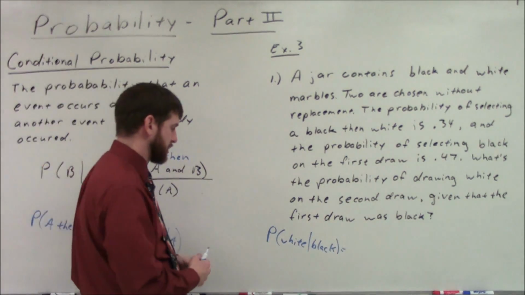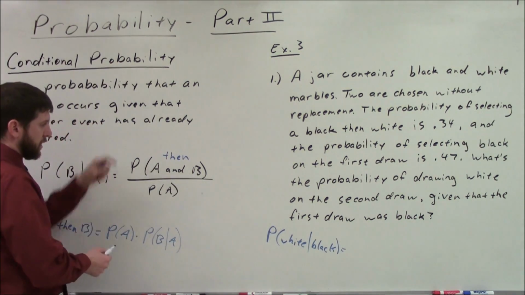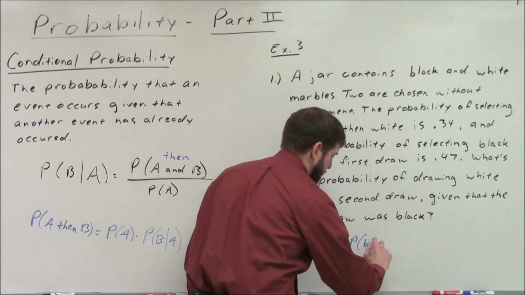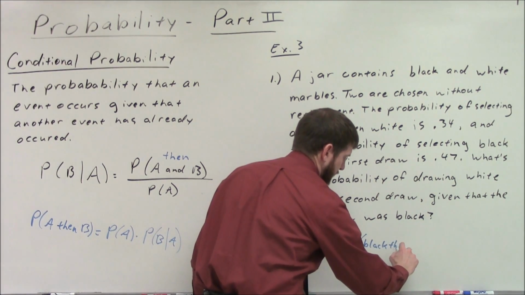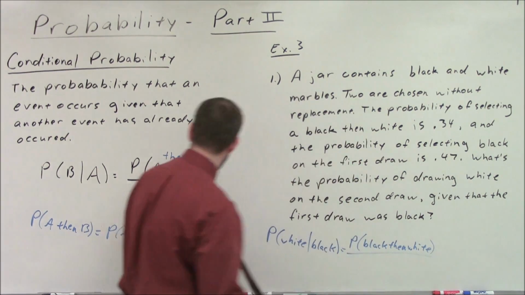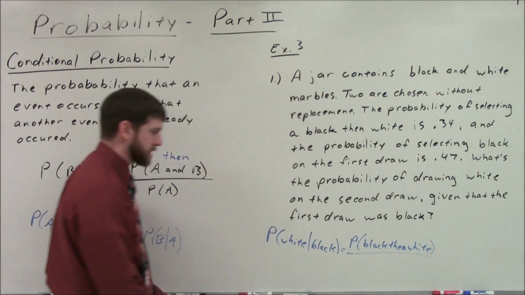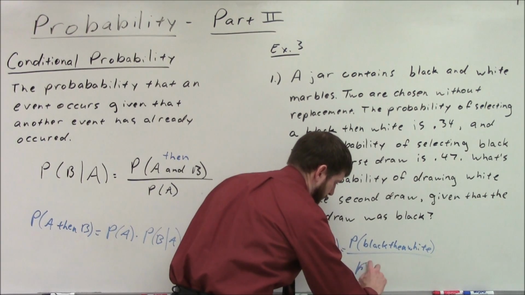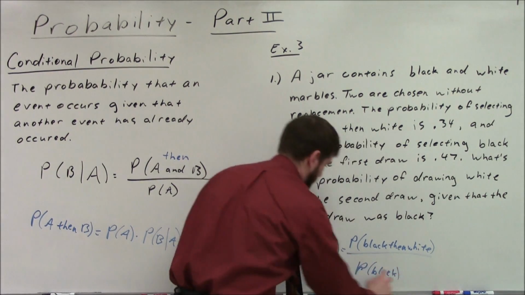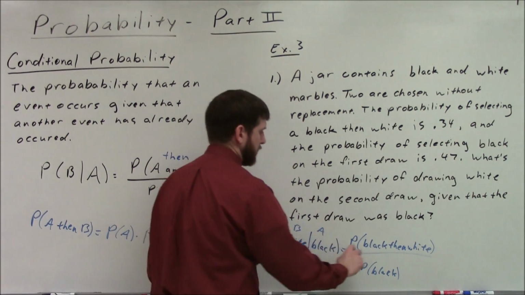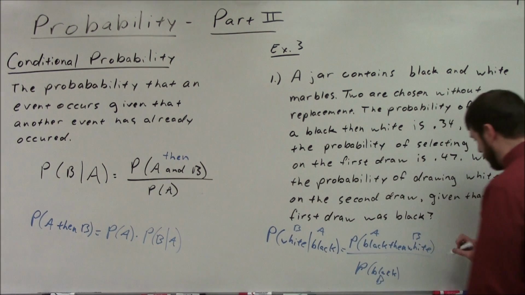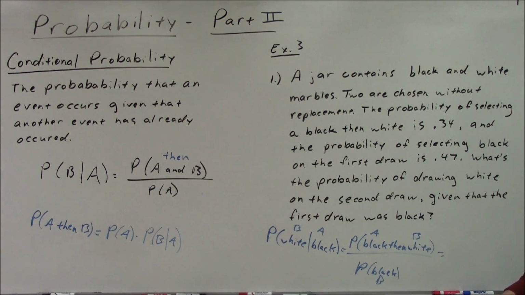We have the condition. If we look at our formula, probability of A then B, that would be probability of black then white, divided by the probability of just A, which in this case is just the black. So it's just a matter of, there's B given A, so that's A, that's B. Plug it in: probability of black then white.